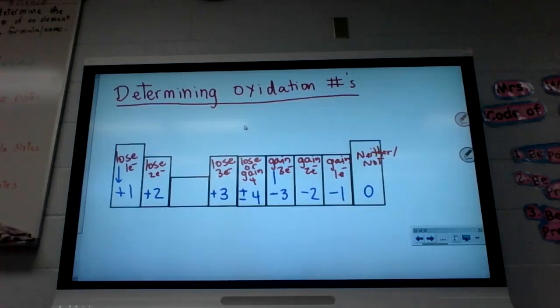If the oxidation number is a negative number, then it would be what kind of ion? It would be a negative ion. Okay, so fill in the type of ion after you get the oxidation number. If it's positive, then it's a positive ion. If it's negative, then it's a negative ion. If you get 0, what kind of ion is it? It has no ion. You put a dash or a line or an N/A.